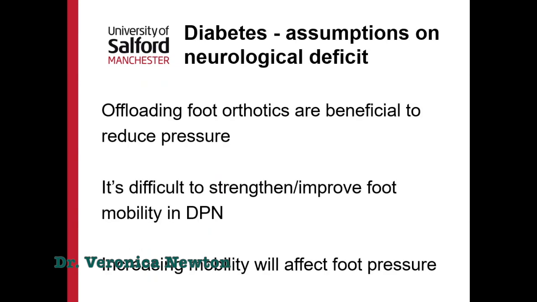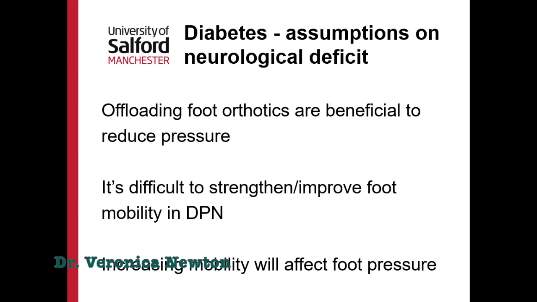Some of the assumptions regarding neurological deficit for people with diabetes are that offloading is an important feature and that has a benefit to reduce the risk of foot pressure, but that it might be difficult to try and strengthen and improve foot mobility in people who have diabetic peripheral neuropathy.